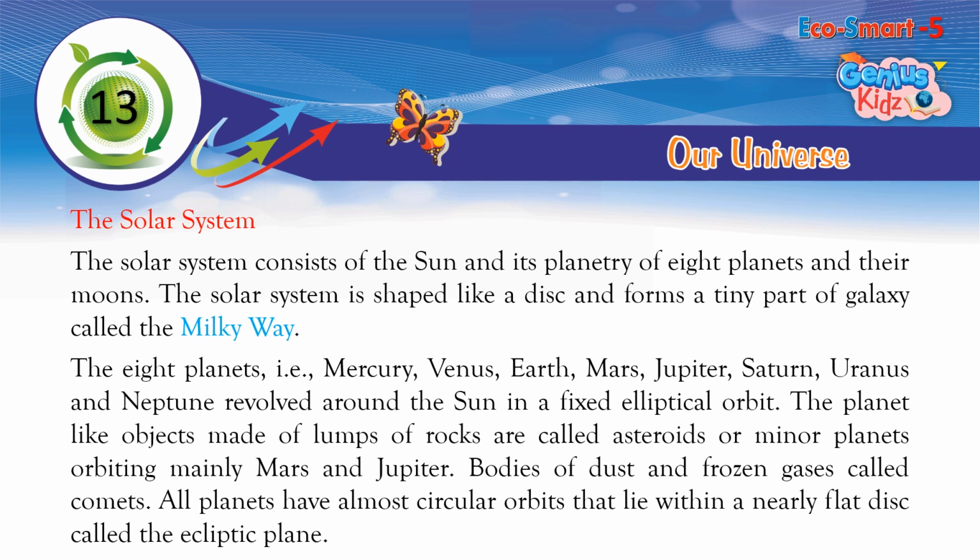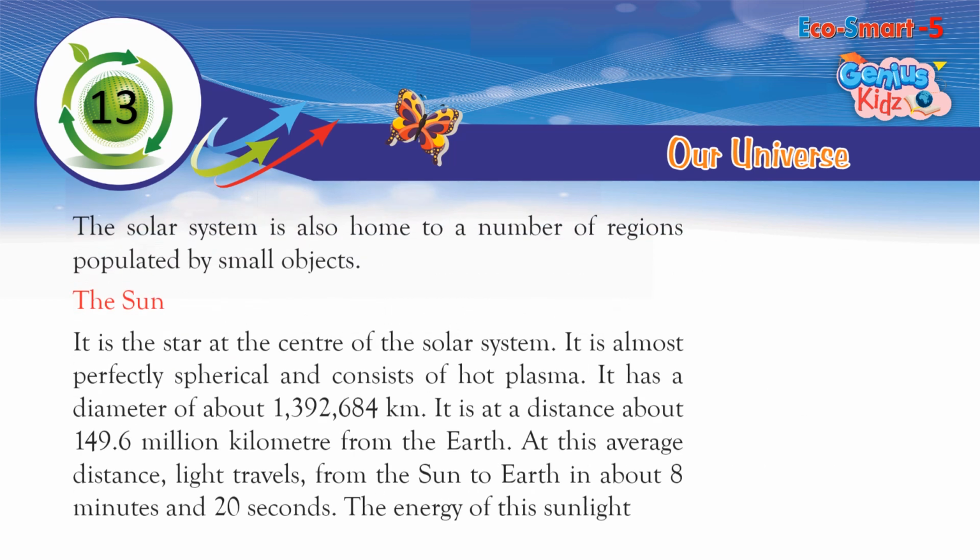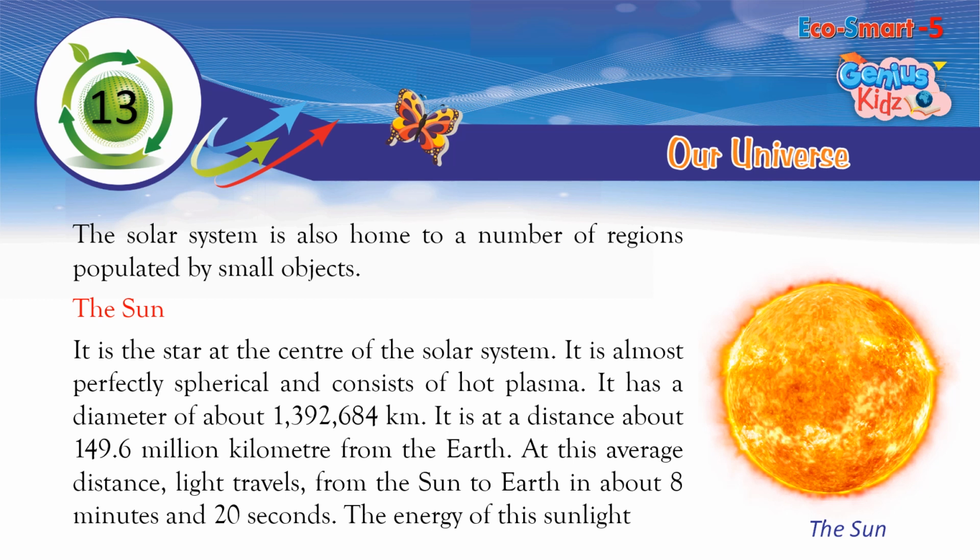The planet-like objects made of lumps of rocks are called asteroids, or minor planets, orbiting mainly between Mars and Jupiter. Bodies of dust and frozen gases are called comets. All planets have almost circular orbits that lie within a nearly flat disk called the ecliptic plane. The solar system is also home to a number of regions populated by small objects.